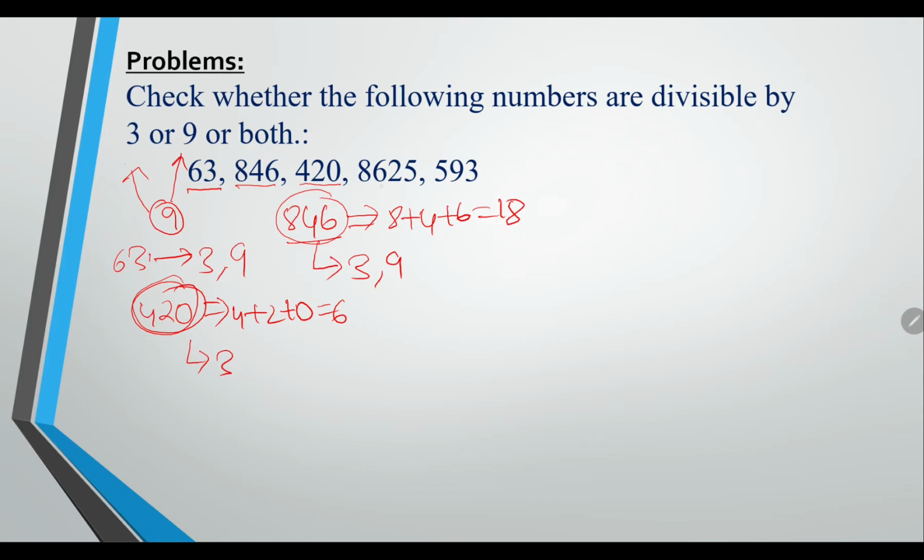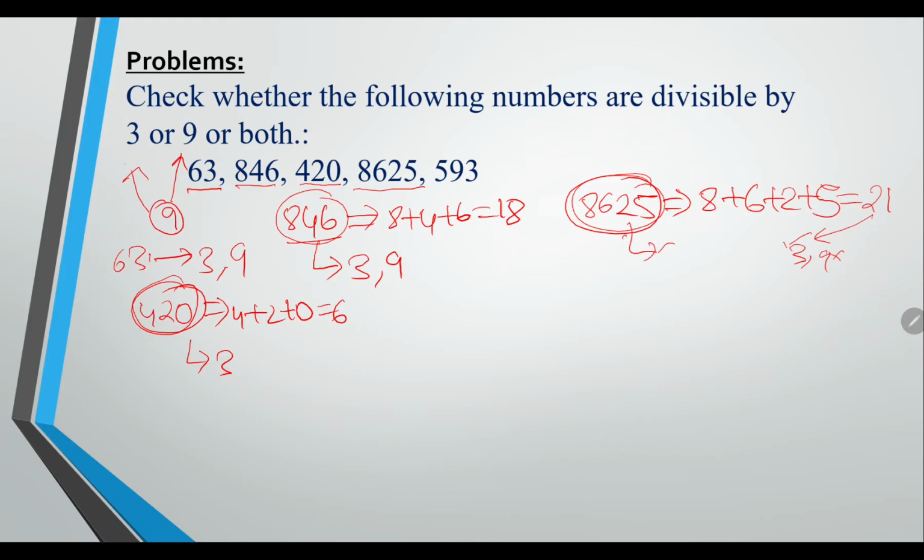Next, we consider the number 8625, and the sum of its digits is equal to 8 plus 6 plus 2 plus 5 is equal to 21, as 21 is divisible by 3 but not 9. So this number is divisible by 3 and not 9.